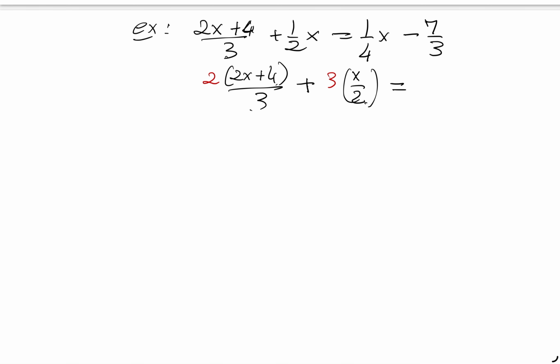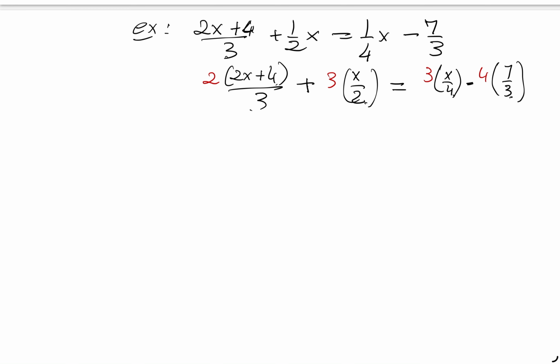You multiply here top and bottom by 3, and here top and bottom by 4. So you will end up having 3 times x, x divided by 4, and minus 4 times 7 divided by 3. Okay, look at here.